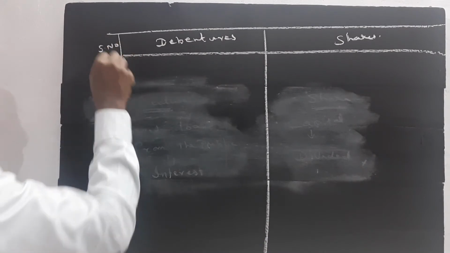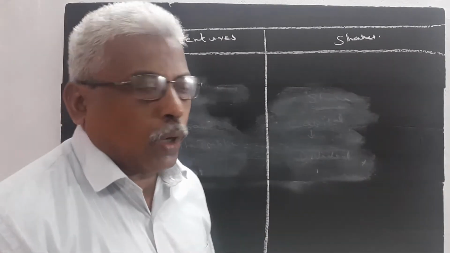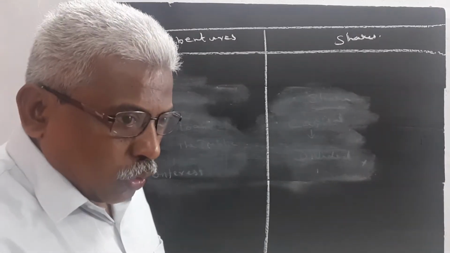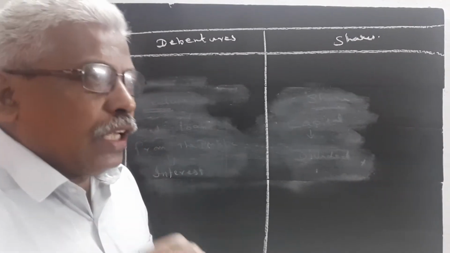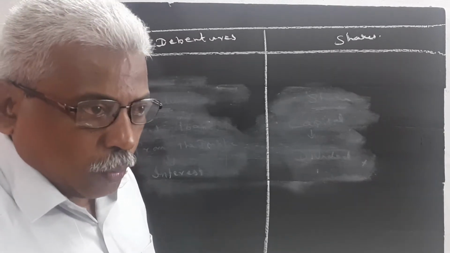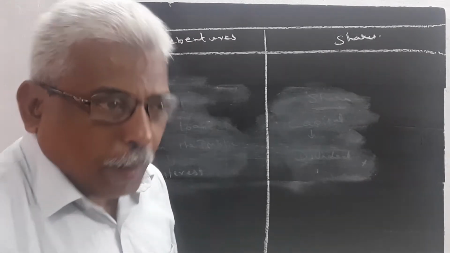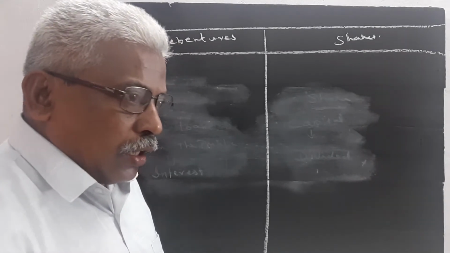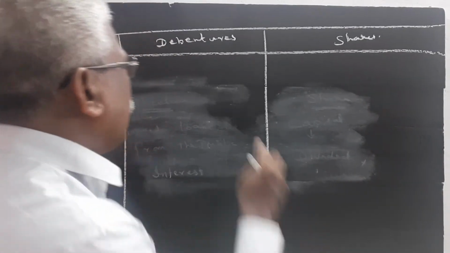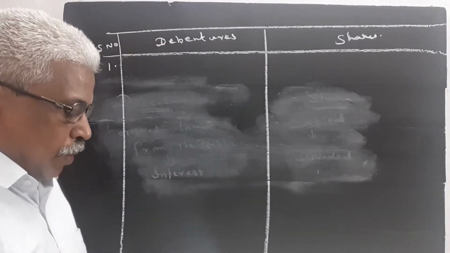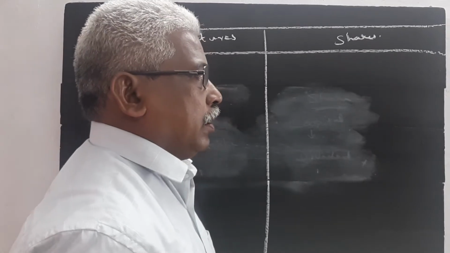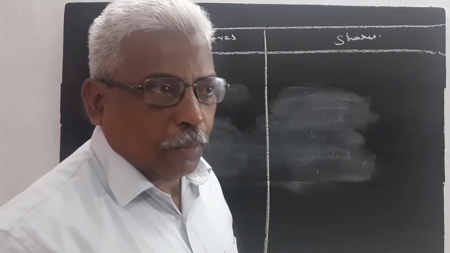Point number 1, I want to explain now. Already I told you, debenture means the company is going to borrow money from the public. If the loan is borrowed from the public, it is called a debenture. But share is a part of the capital of the company. Capital means the amount invested in the business.